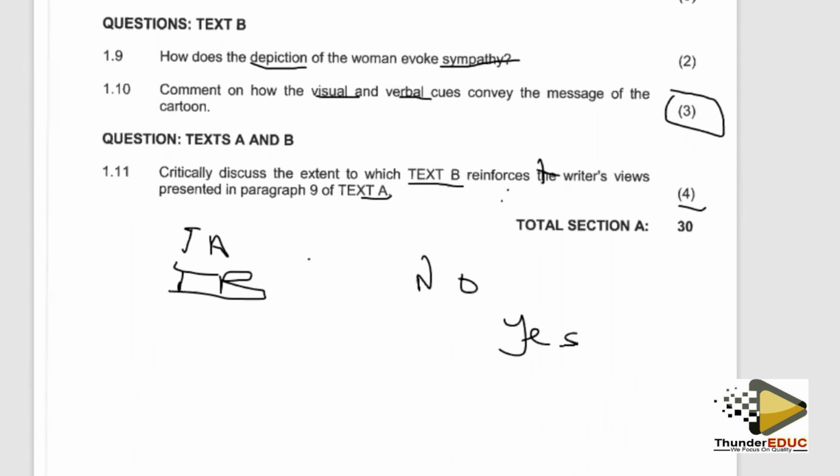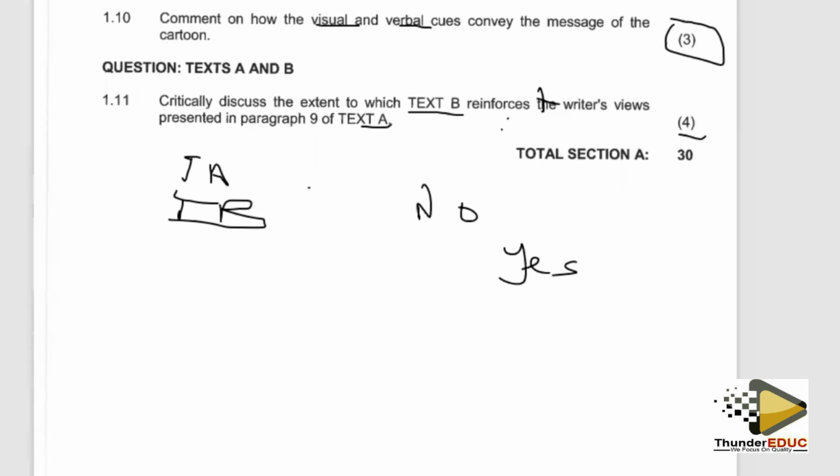So as long as you substantiate, you must be clear to say text B is reinforced by what is said in paragraph 9 when the author says 1, 2, 3, 4. Text B does not reinforce paragraph 9 of text A because he contradictorily said 1, 2, 3, 4. So those are the channels of how you can do your comprehension.